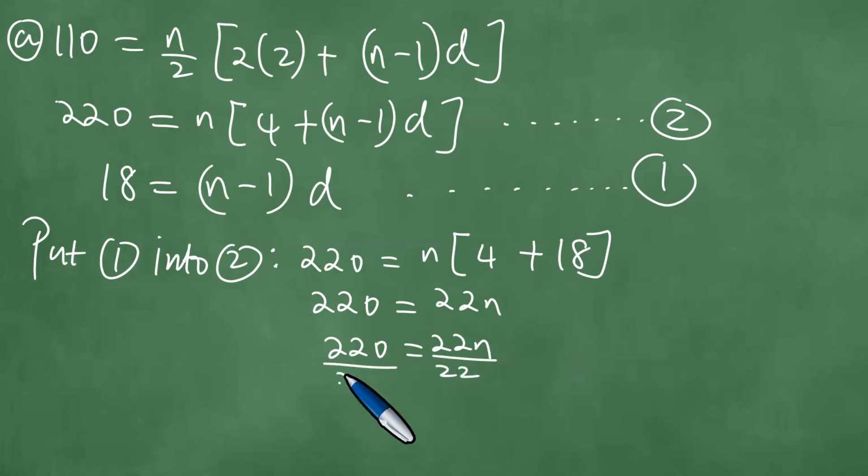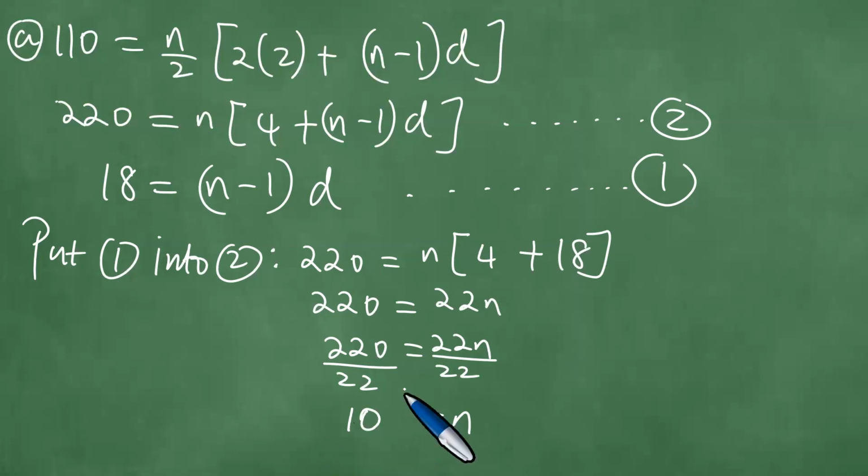So divide by 22. What is the answer to this? If you say 220 divided by 22, it's 11. It's 10, excuse me. So we have exactly 10.